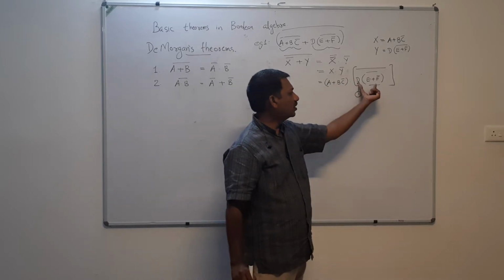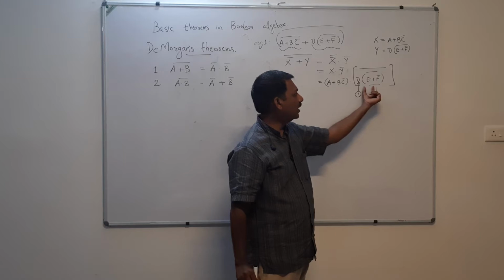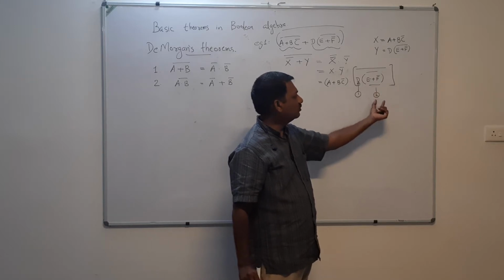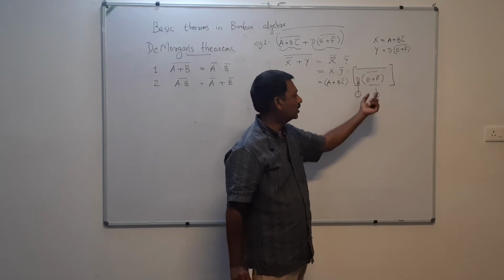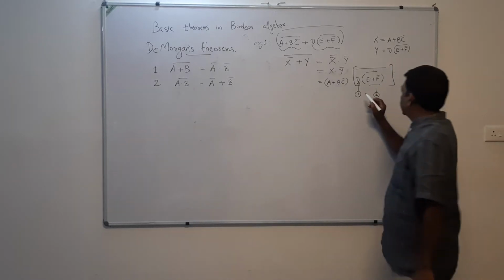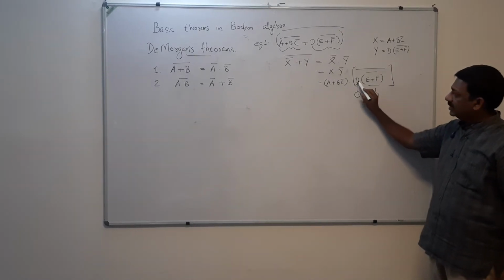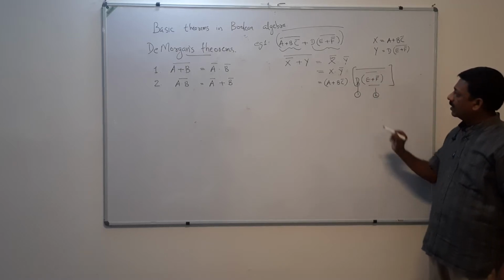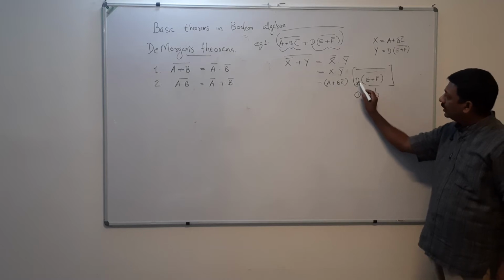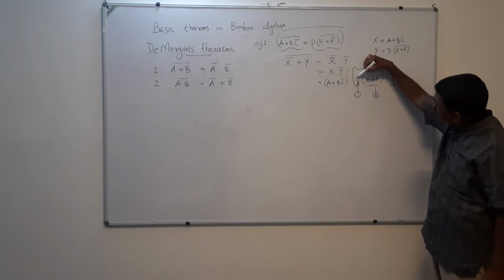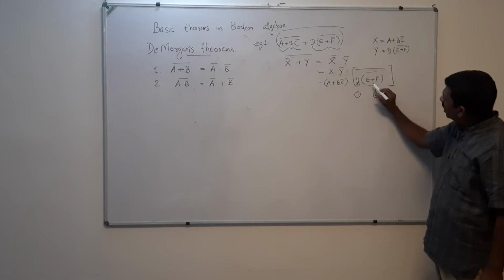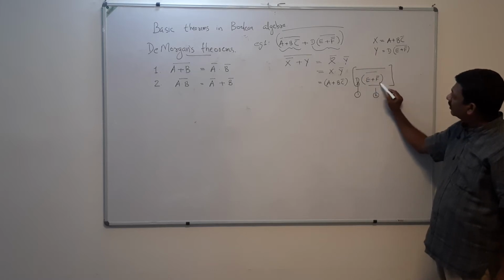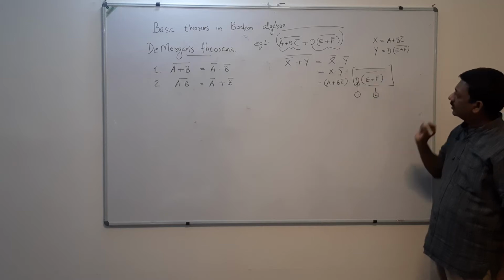We are going to apply De Morgan's theorem to this. Here the first literal is D and the second literal is E plus F bar the whole bar. Now this is the product of D dot, the first literal, and the second literal, E plus F bar complement.